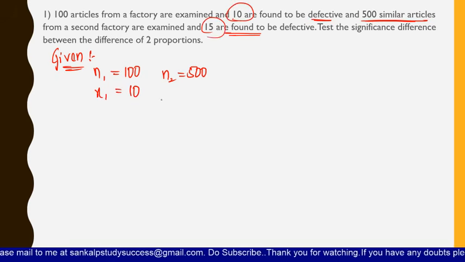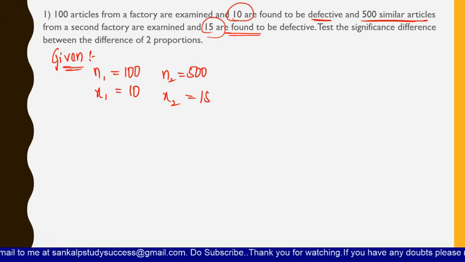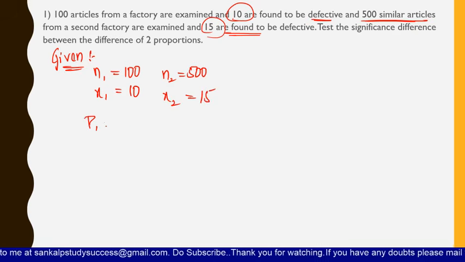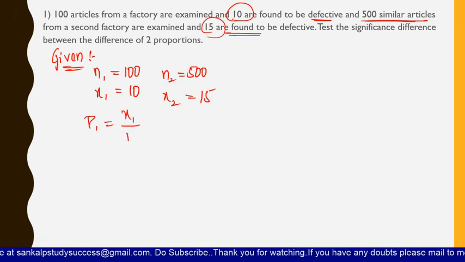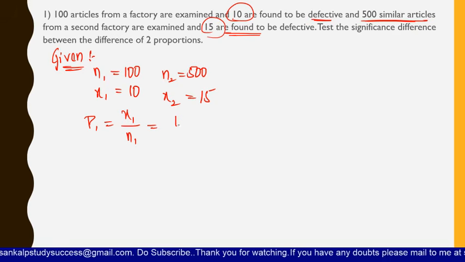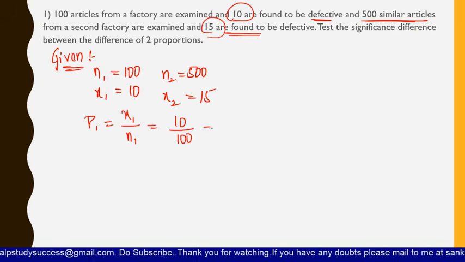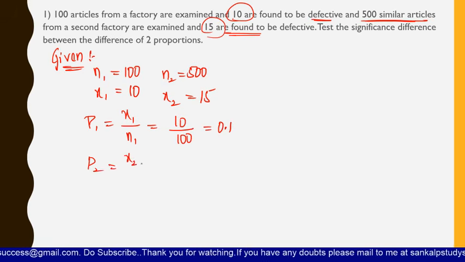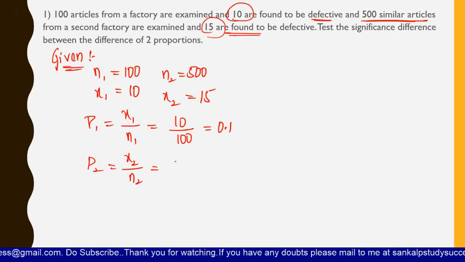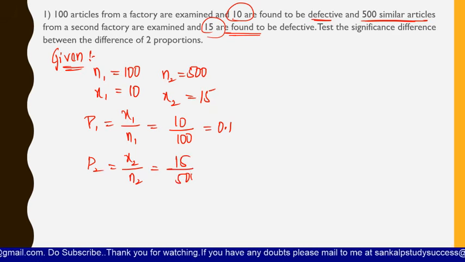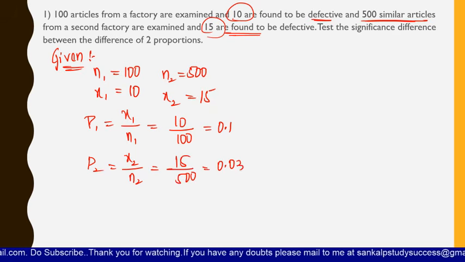Here X2 equals 15. Now let us find P1 and P2. P1 is X1 by N1, which is 10 by 100, which is 0.1. P2 is equal to X2 by N2, which is 15 by 500, which becomes 0.03.